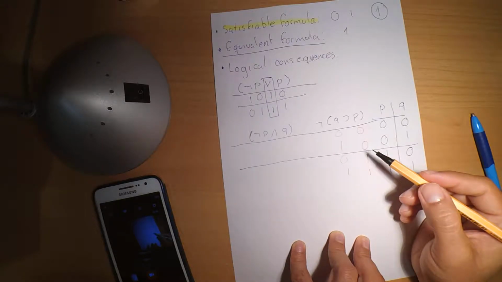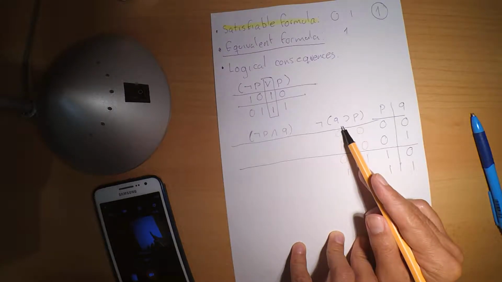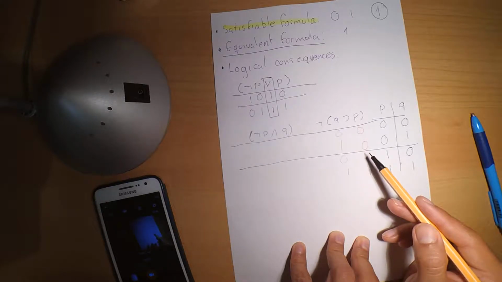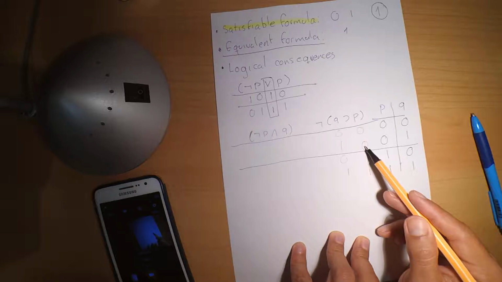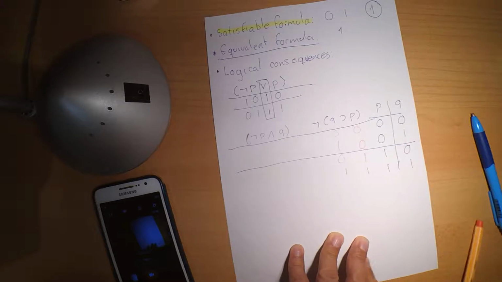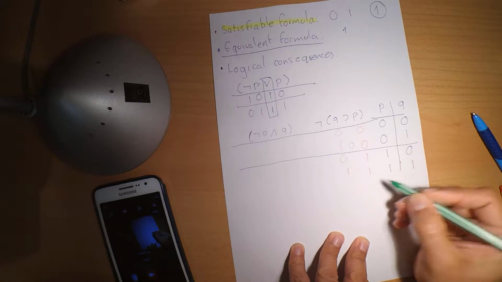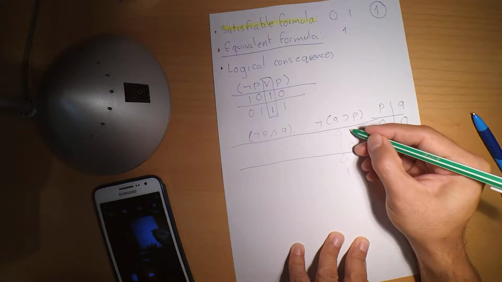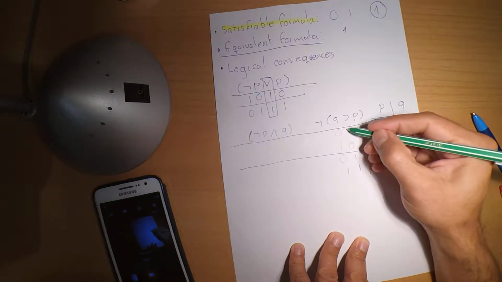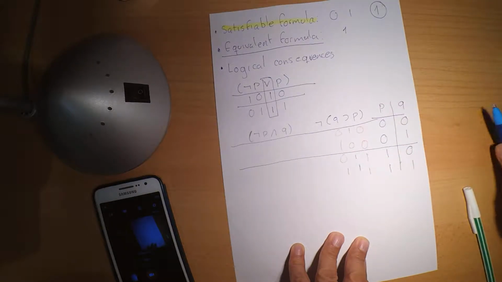The implication is only going to be 0 when we have a true and then we get a false. So in this case we got, and I'm going to put it in another color here, the 0. Otherwise it is going to be 1. So the negation of this is going to be our last result.